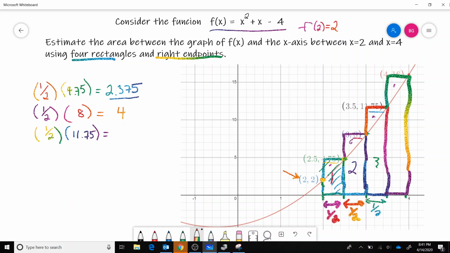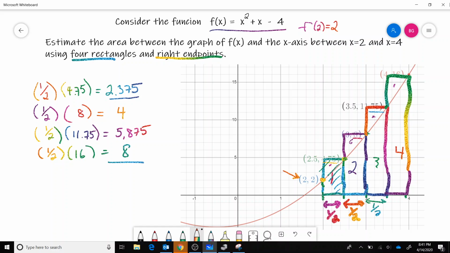So his area is actually going to be, oh boy, can I do my math here? 5.875. Yeah, I think I did that right. And rectangle number 4 is going to have a base of 1/2 and a height of 16. So he's got an area of 8.